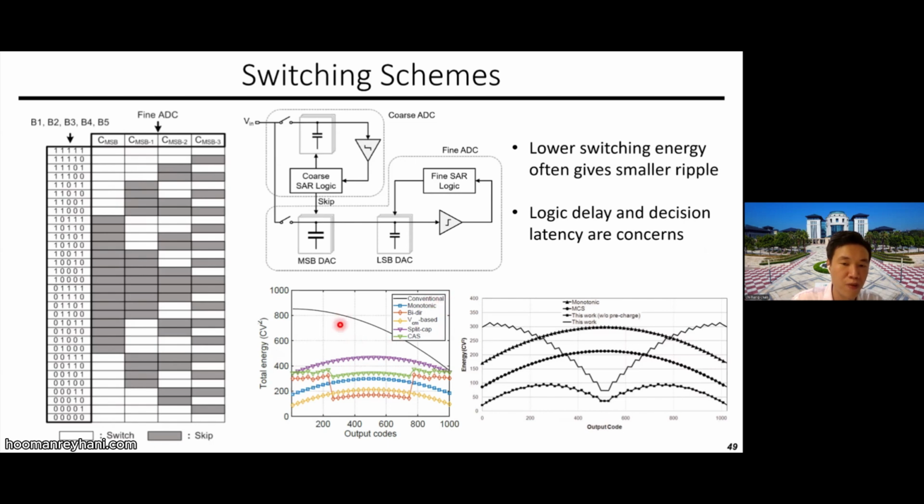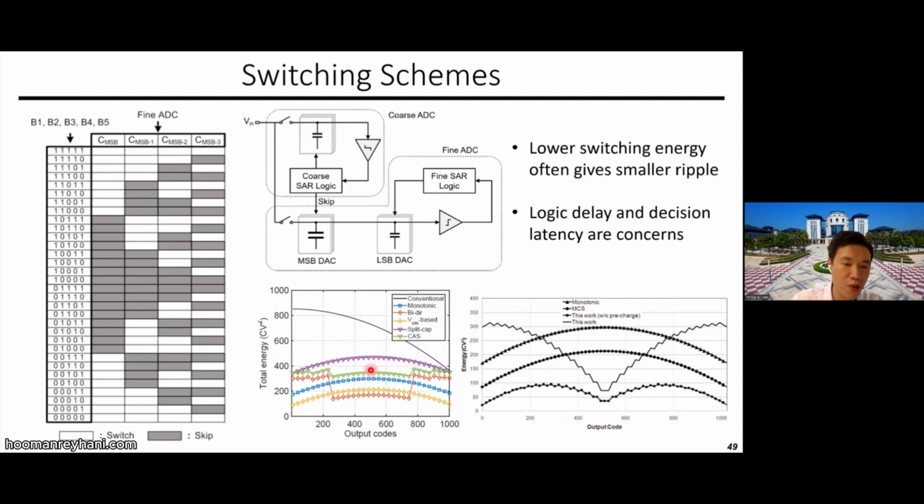Okay, so here is an energy plot versus different types of switching methods. You can see that the conventional trial and error kind of switching consumes a lot of power. Then it comes to different types of switching methods. The VCM-based one gives you a relatively good balance between the switching energy and easy implementation.